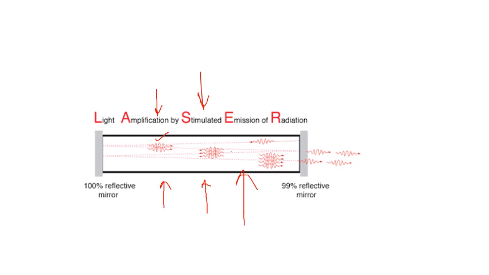You observe here it is continuously increasing, then some move back and increase again, and finally they reach the mirror and are reflected back. In this process, a large number of stimulated photons are generated, which continuously move back and forth and create oscillations. This is the basis by which we get lasing action.